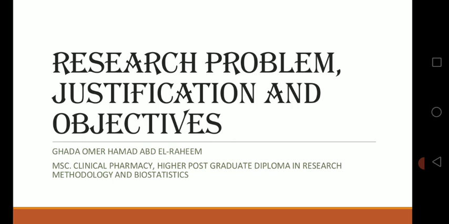In this lecture we are going to discuss the research problem, which means the statement of the research problem, and we will see what the statement of the research problem means and the content of this section.